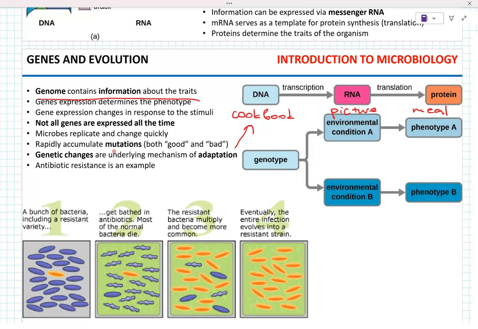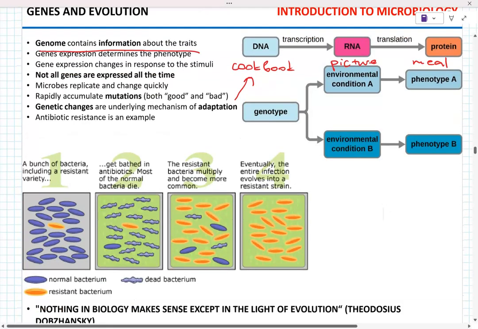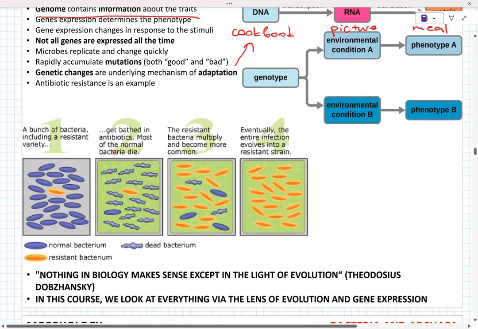Second concept is evolution. There's Dobzhansky, who was a Polish-born evolutionary biologist who immigrated to the United States, I think in the 1930s, when the Germans started working in Europe. He said nothing in biology makes sense except in the light of evolution.